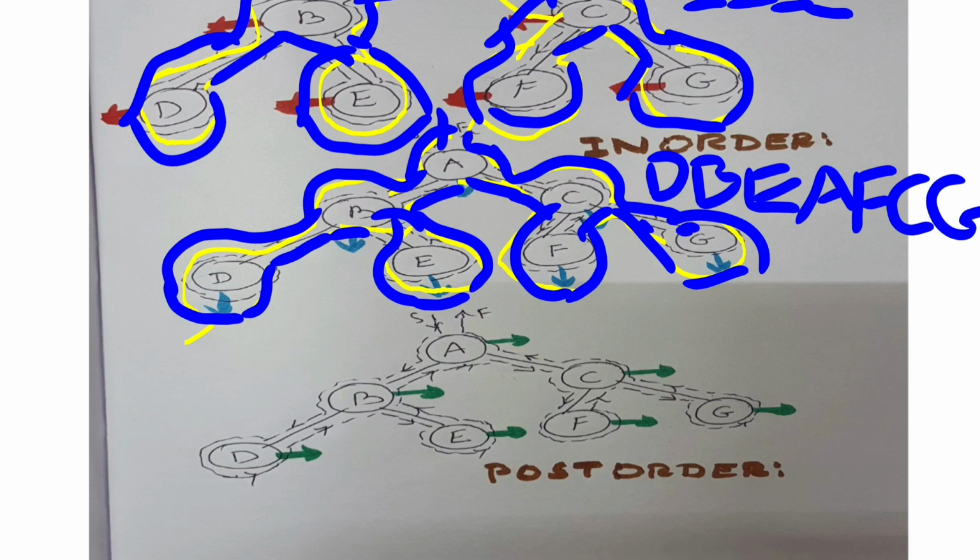So D to B, B to E, E to A to F, F to C, C to G. This is the in order sequence for the given tree.